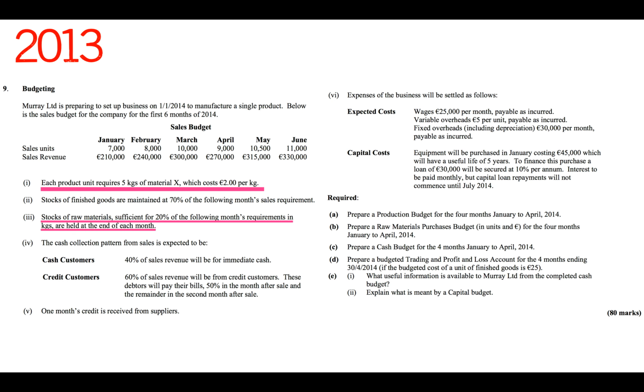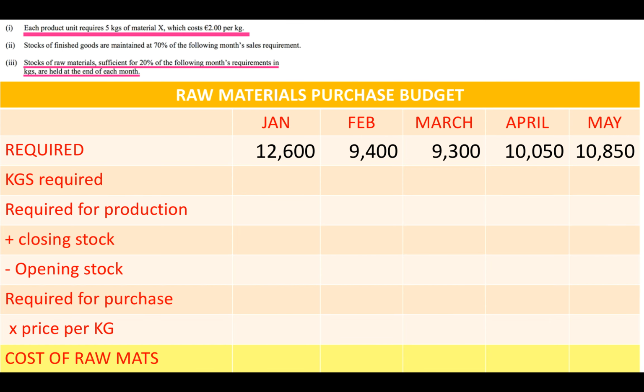So note 1, each product unit requires 5 kgs of material X, which costs €2 per kg. So we have got those required units from part A, and then we have multiplied that by 5 kgs, because each unit requires 5 kgs of material X.